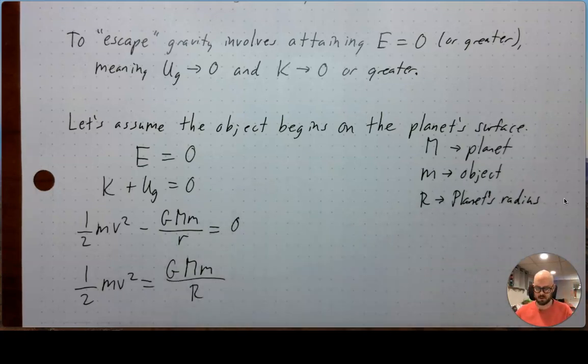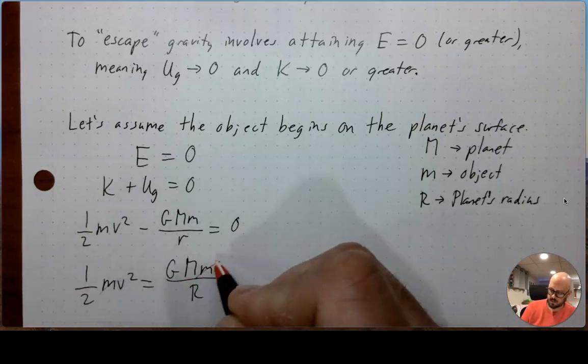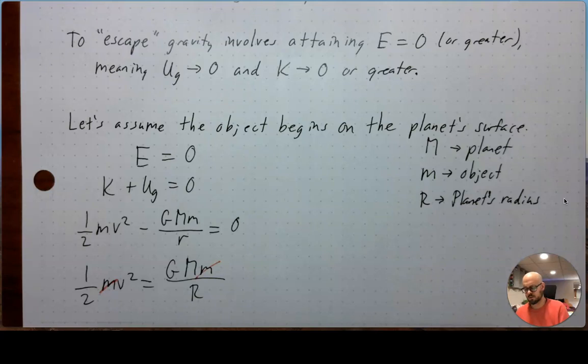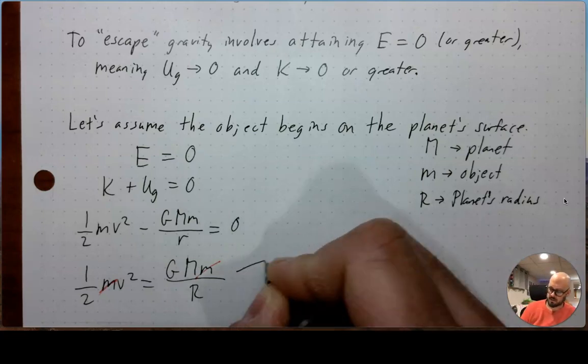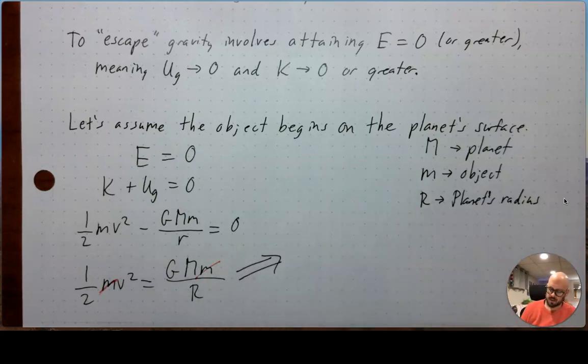And so the first thing that you might want to do is cancel m. As we saw a lot when we studied gravity, the mass of the little object can cancel. And then if I solve this for v, I have 1/2 v squared equals GM over r.